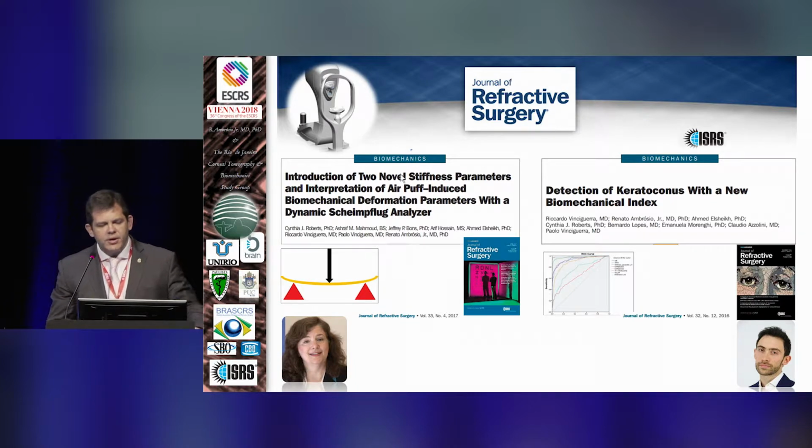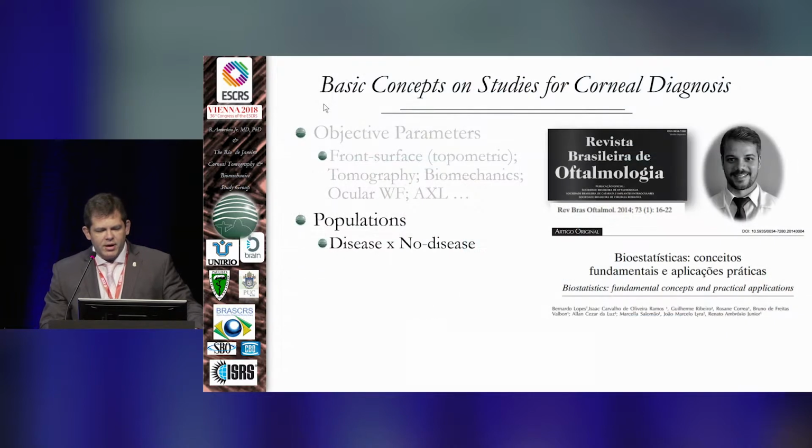Ricardo did a great job describing the Corvis metrics. We have the stiffness parameter, which is very obvious that if you indent the cornea more, you have a softer cornea. But you have to understand pressure. Pressure is definitely one of the most important things that we have to characterize with the Corvis, which is, by the way, the best tonometer we have on the market.